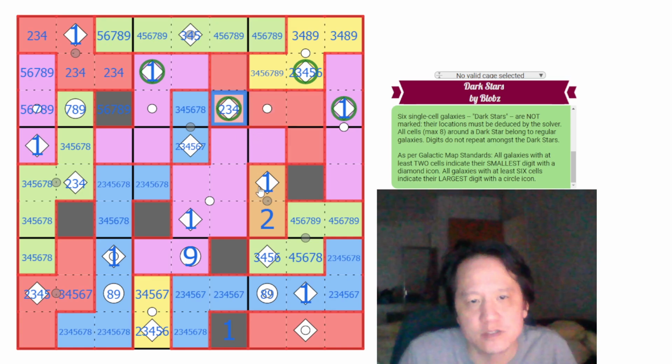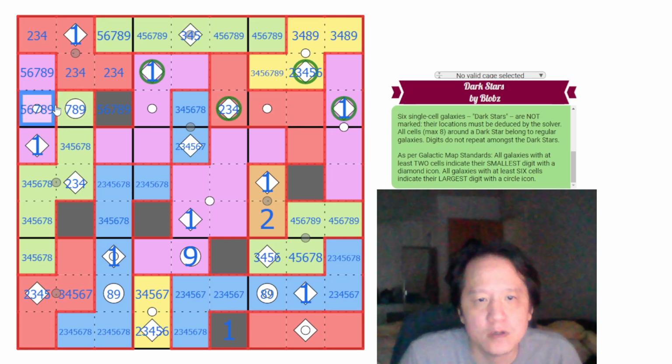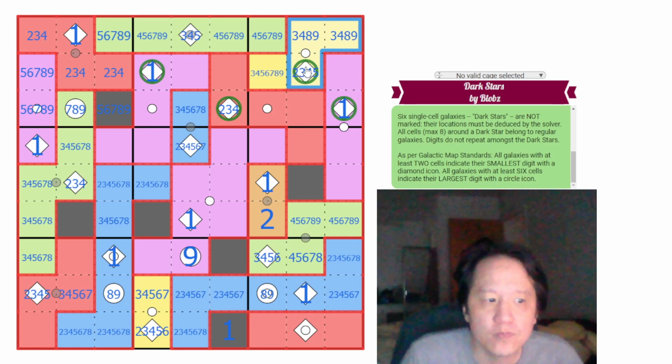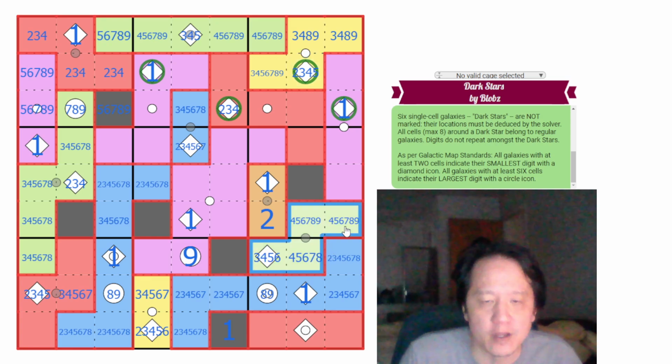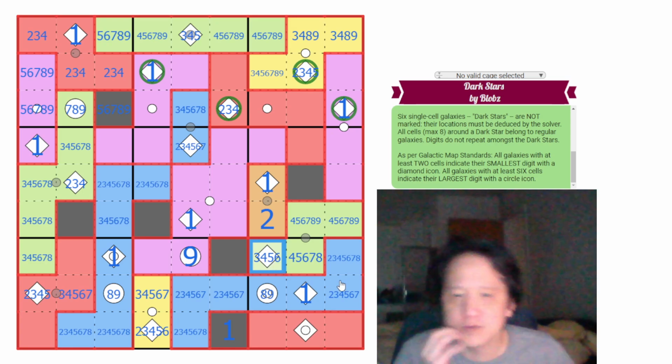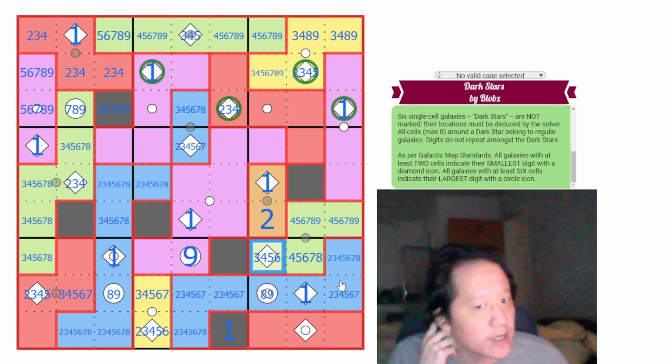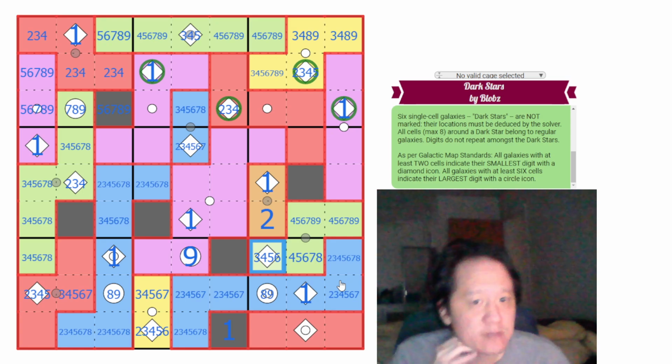So this is 2, 3, 4. This can't be 6 because this would have to form a renban also, and it's the smallest one. This is a renban. So it's either 3 through 6, 4 through 7, 5 through 8, or 6 through 9. So there's a 6 always there, but that doesn't really tell us much.